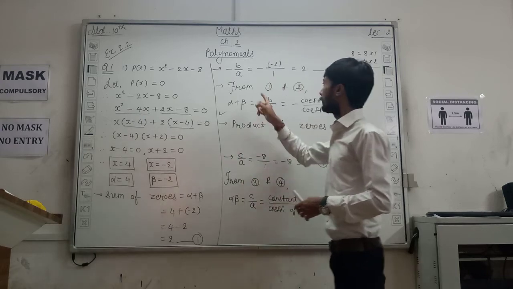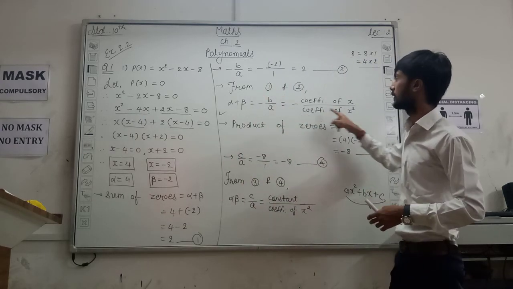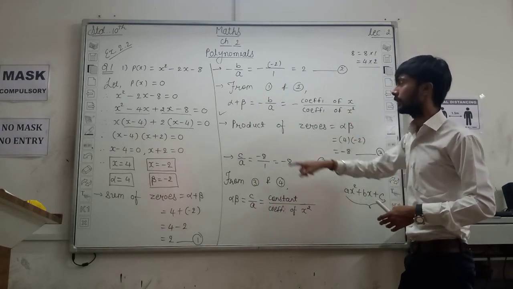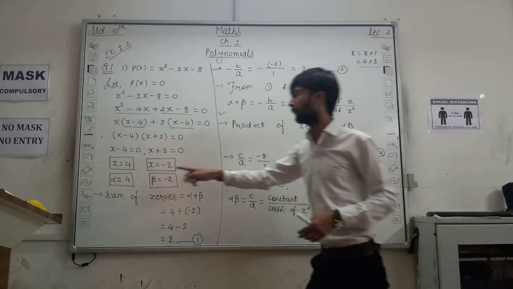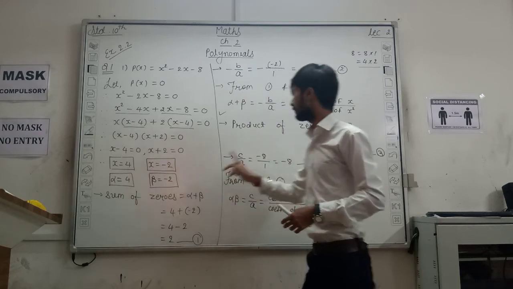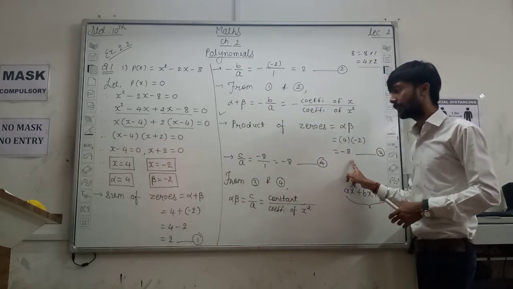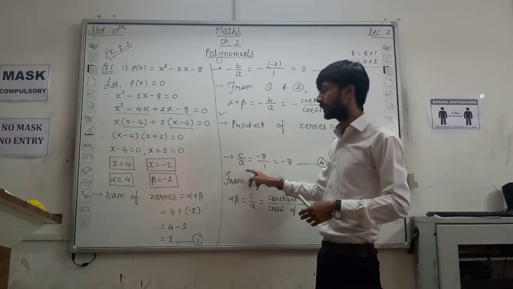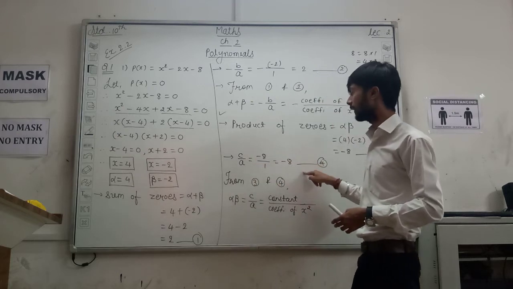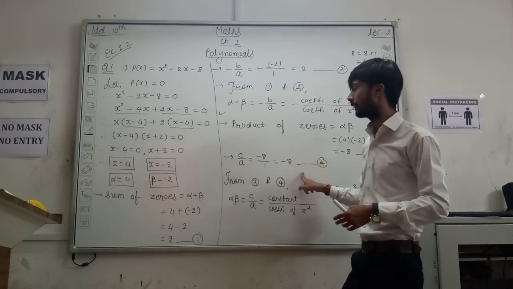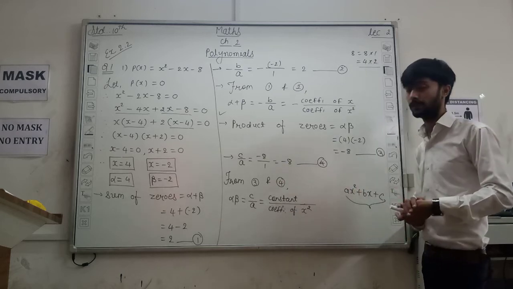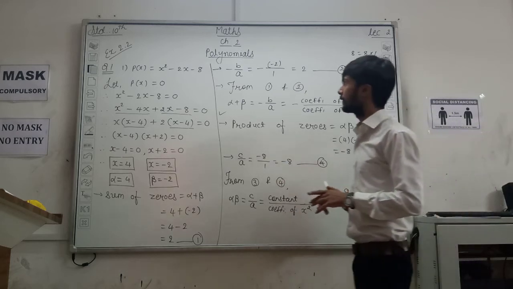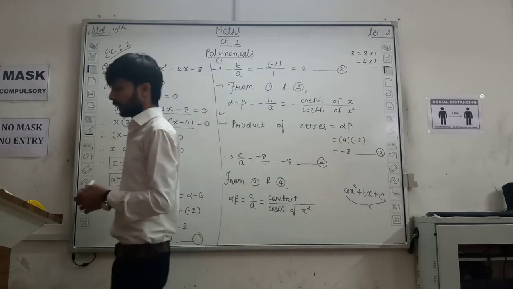So from 1 and 2, this is the relation between them. Similarly, for the product of zeros, alpha into beta, 4 into -2 is -8, give it number 3, and the formula is c/a, so by formula we also get -8. Therefore from 3 and 4 we get this relation. I hope it is very clear to you.